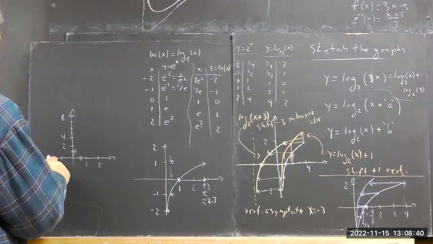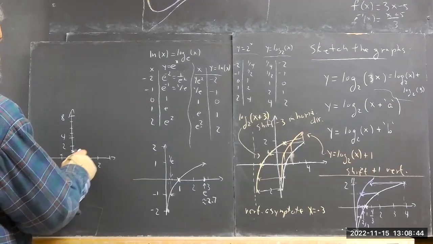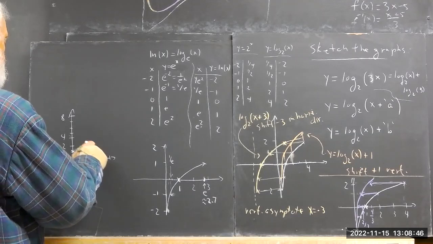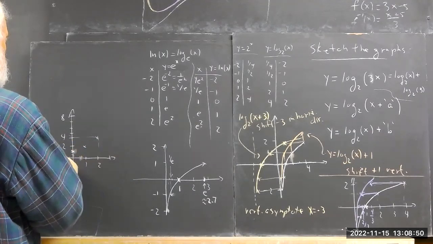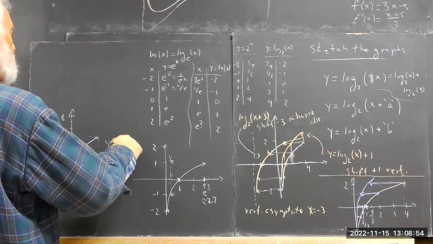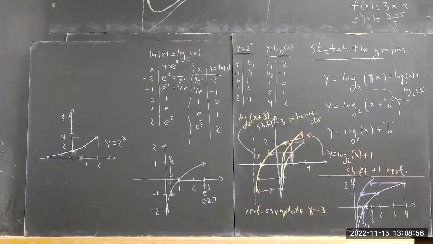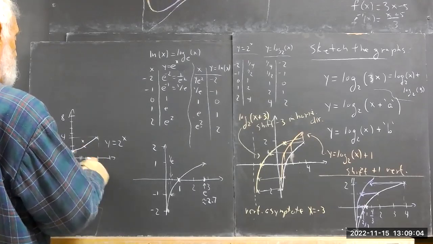If I want to graph y equals 2 to the x, well, from long experience, you know how to graph y equals 2 to the x. Want to graph y equals 3 to the x? You're going to have a point here at 3.